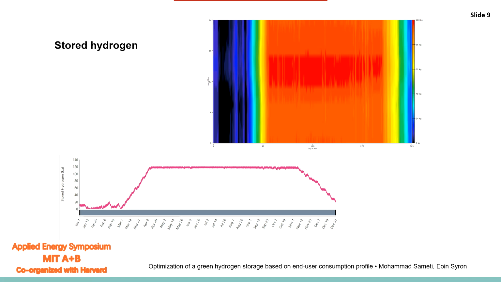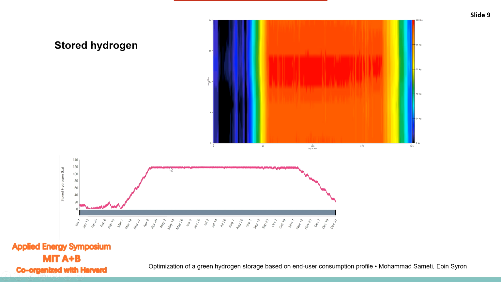But if you look at the stored hydrogen, we see that we have a low level of stored hydrogen because it was being used during winter. But during summer, it was almost at its highest capacity.